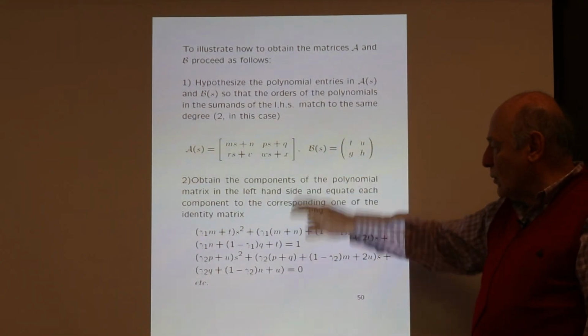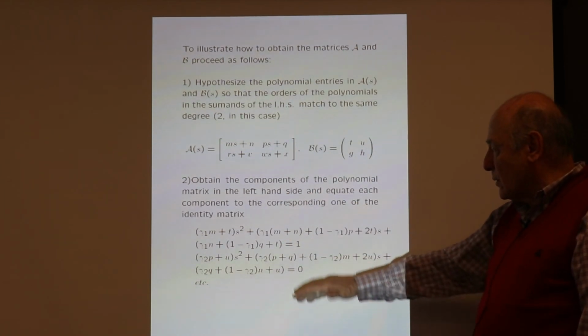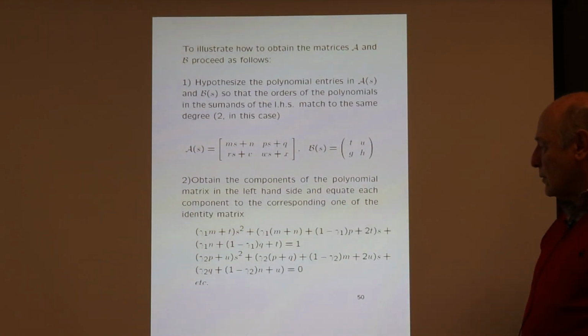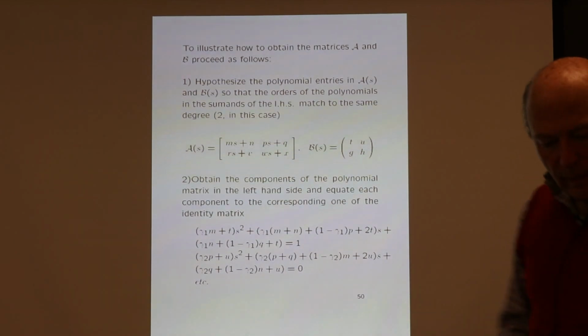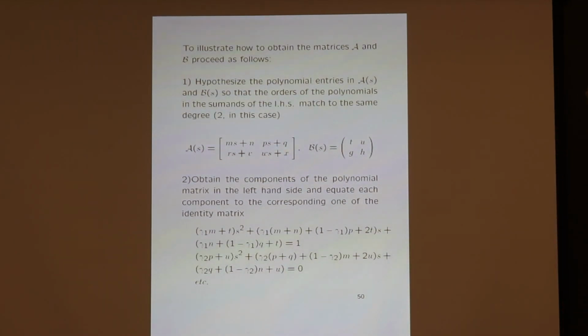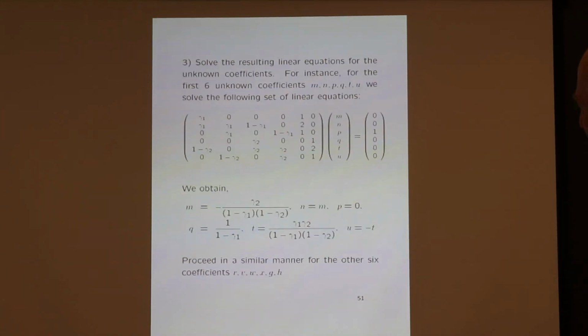And even so, here you have a bunch of equations. These are very difficult equations to solve by hand, and well, that was done there. We obtained the polynomials, the components of the polynomial matrix, and that gives you A and B.